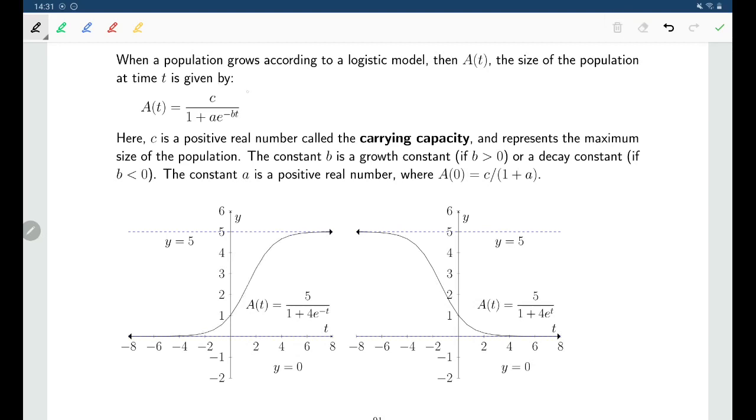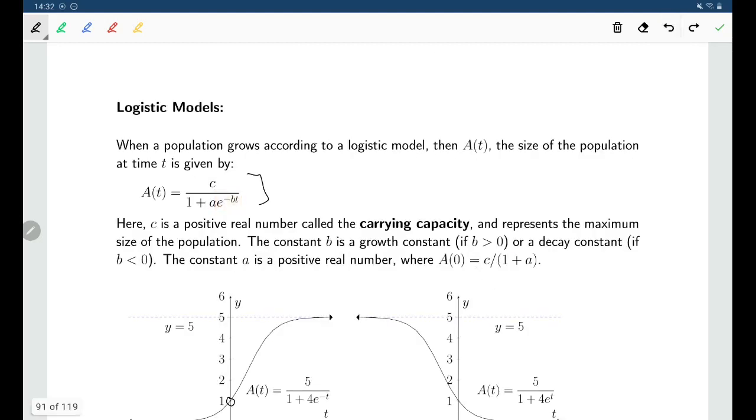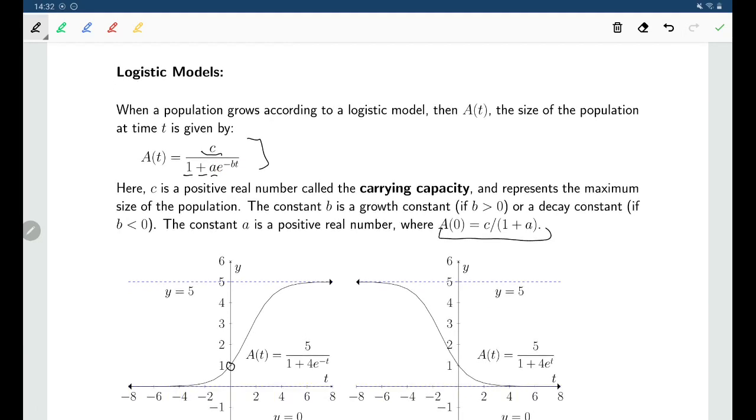For this formula also, the y-intercept is the value when t is 0. If t is 0, you would have e to the power of 0, which is equal to 1. So you would just be left with c over 1 plus a. Or in other words, the y-intercept is c over 1 plus a.